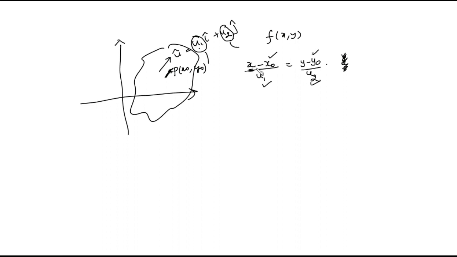So these ratios should be the same. Let it be some parameter s. This parameter represents the arc length. So we can find the value of x as u1 into s plus the coordinate x0. y will be u2 into s plus y0.